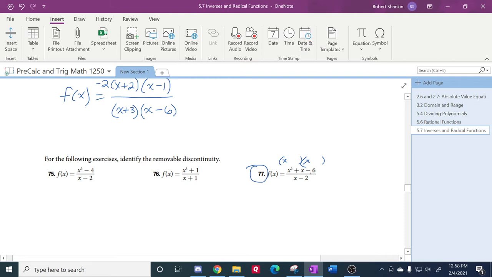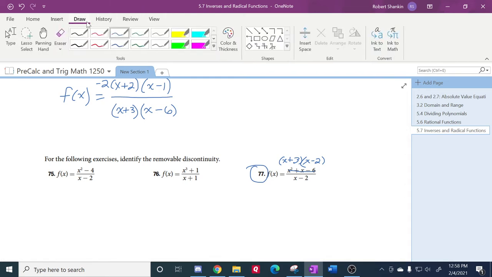So the only way that can happen is if one's positive and one's negative. And then I need two numbers that multiply to be 6, but when I subtract them, I get positive 1 for the middle term. So I want 3 and 2, and I want the larger one positive. All right, so this replaces this.